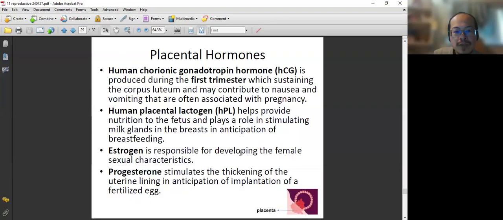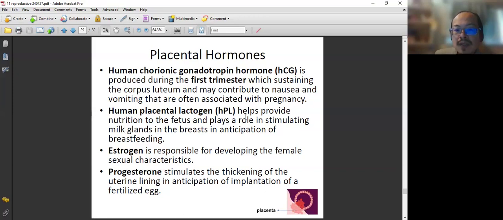So in addition to progesterone, estrogen, and HCG, the placenta also produces human placental lactogen. This one helps the mother provide nutrition to the baby, basically increasing the glucose and nutrients in the blood, as well as stimulating milk production, so it's ready to feed the baby.